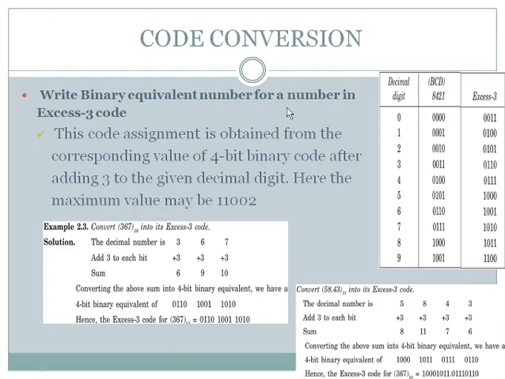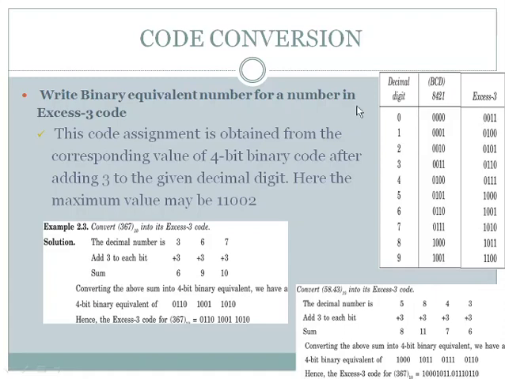XS3 code is also used to represent the decimal numbers, but before seeing how a decimal number can be represented in XS3 code, we will see how to represent the first 10 decimal digits in XS3.